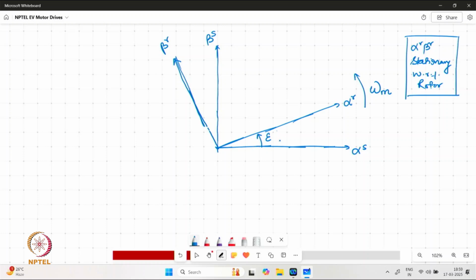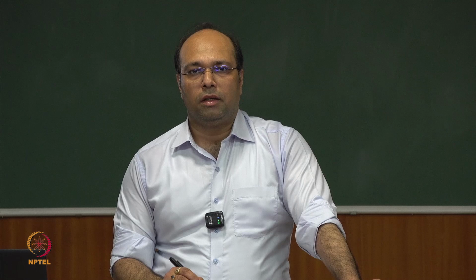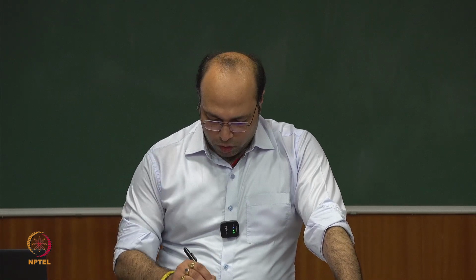So this must be understood. Now, we have seen in case of PMSM that we are trying to represent our quantities in a DC fashion, so that quantities look like DC quantities. So we are defining a DQ frame of reference or synchronously revolving frame of reference.